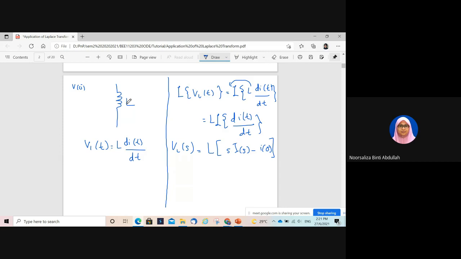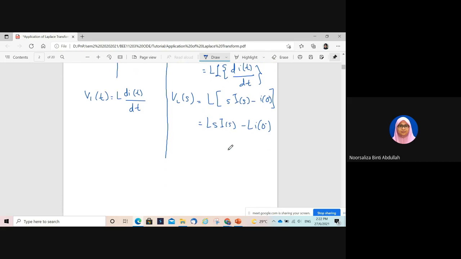Okay, this one for inductor, this one for capacitor. So V equals LsI(s) minus L I(0). If you transform this into a circuit, you have an inductor here with the initial condition.